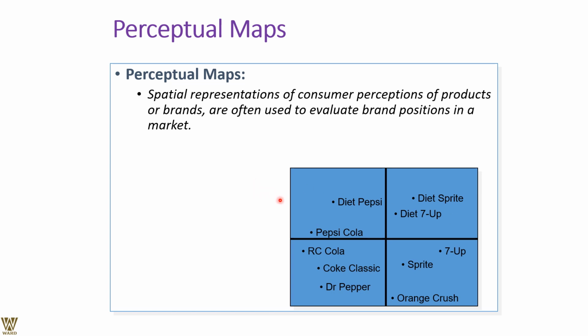This is a classic case of Diet Pepsi or Pepsi Cola, perceived on a higher end, where RC Cola, Coke Classic, or Dr Pepper might not be aspirational at all. Diet Sprite and Diet 7 Up are again at an aspirational level, whereas 7 Up, Sprite, and Orange Crush are mass scale. They can be produced and sold without any fuss.